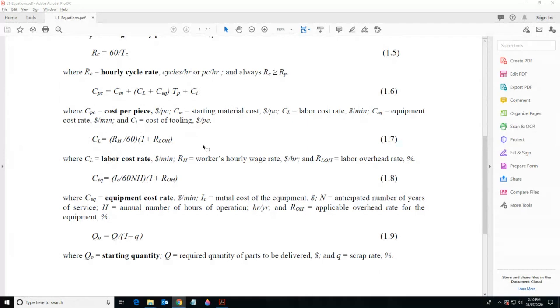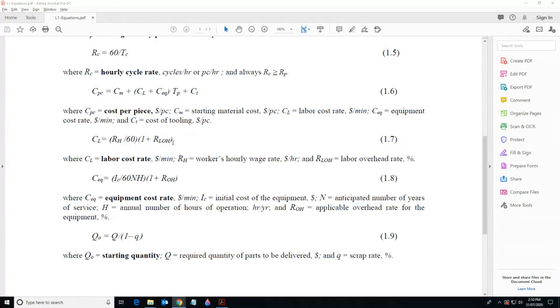Equation 1.7 represents the hourly rate of the machinist or labor, which is divided by 60 in order to get it in minutes. And that is also multiplied by another parameter, RLOH, that is the rate of labor overhead cost.